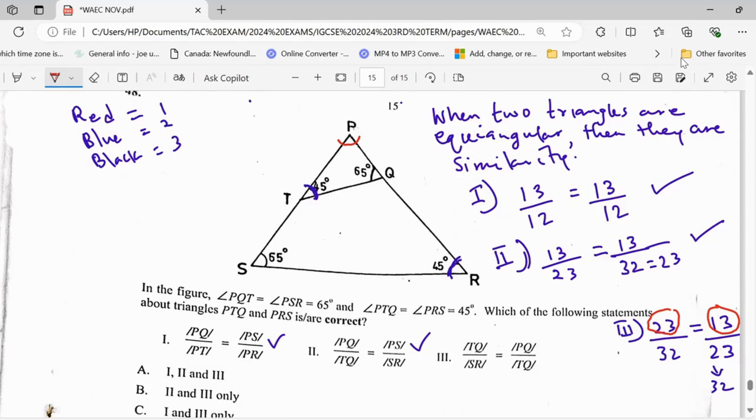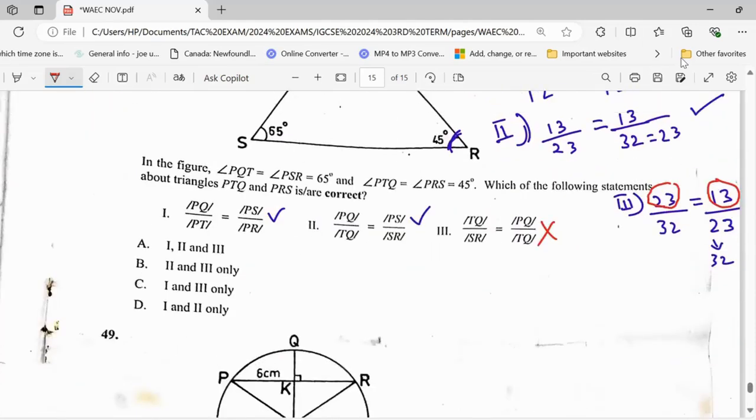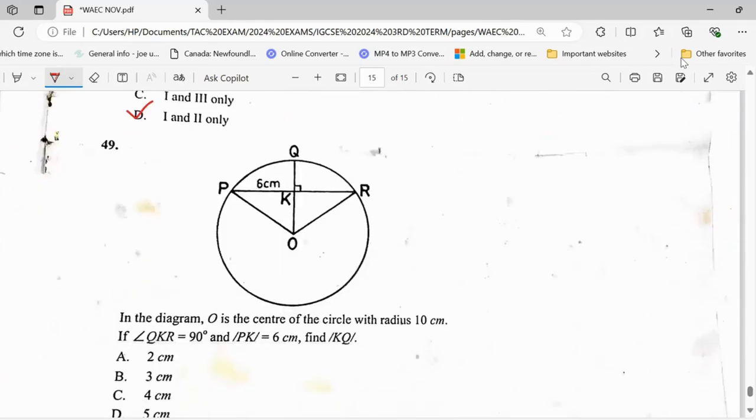And look at PQ. So they don't correspond. So at the end of the day, we knock out this one that doesn't correspond. So we now have I and II, which is option D. I and II only. It's only option D that satisfies the information.